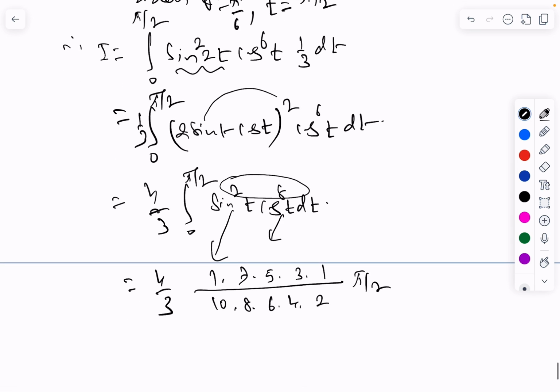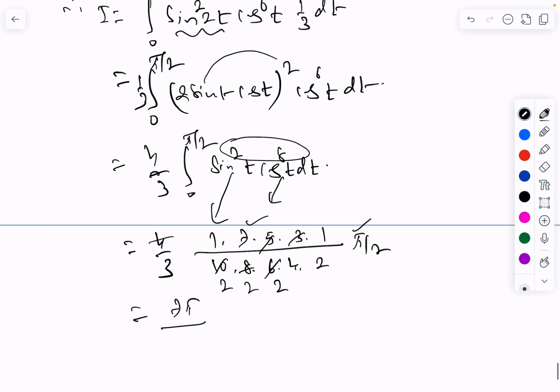You will get the answer like 5 2s are 10, 4 2s are 8, then 3 2s are 6. So we have 7 and pi over 3 multiply 2 multiply 2 multiply 2 multiply 4 multiply 2 multiply 2. And it will be 384.